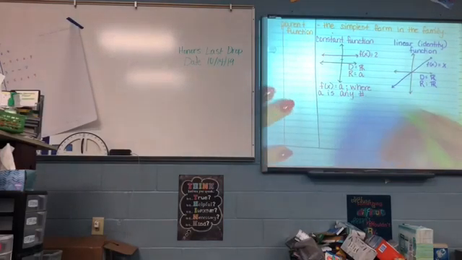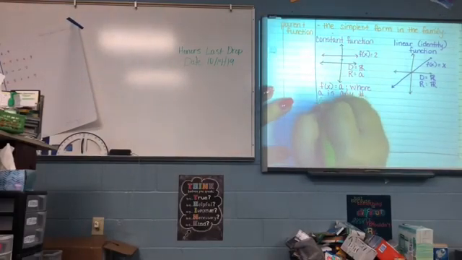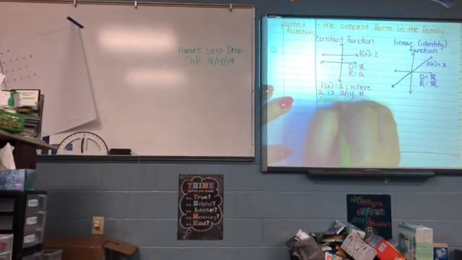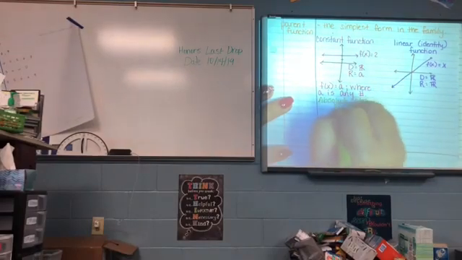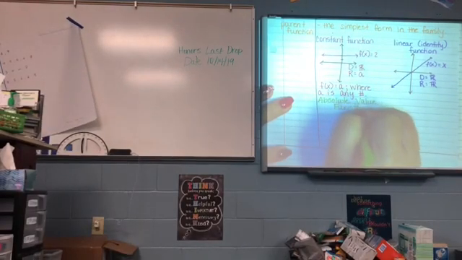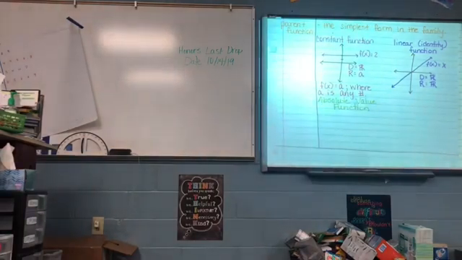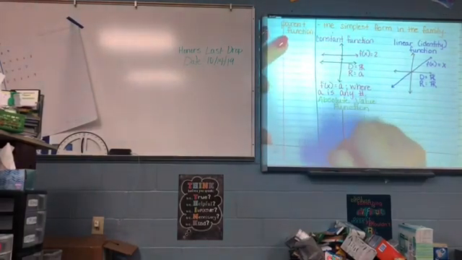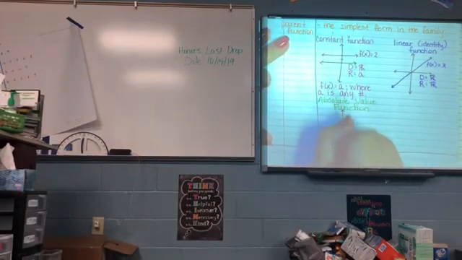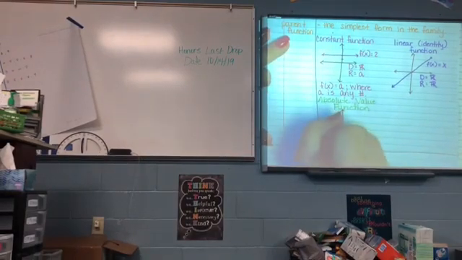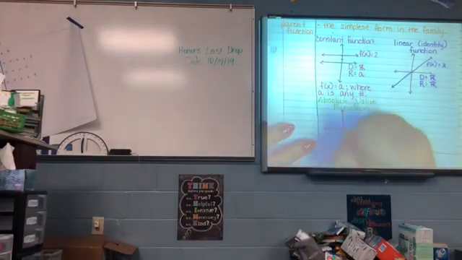All right, the next one is absolute value. So this is the last one we looked at recently, right? You guys said, hey, it's going to carry a V. This function makes the V shape.